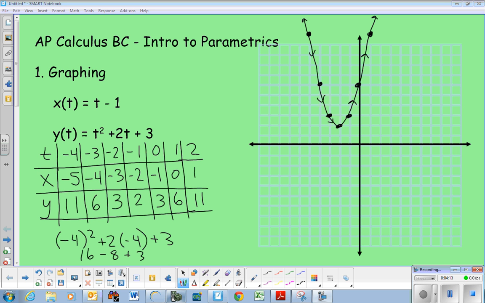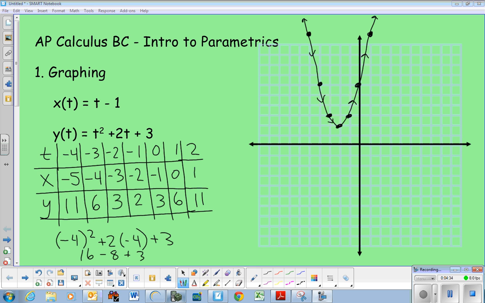Because a different set of parametric equations might create the same parabola that moves the other way. And if this is time that we're talking about, we want to know which direction this particle or whatever we're tracking is moving. So this one is moving from left to right across this parabola. So there's graphing the old-fashioned way.